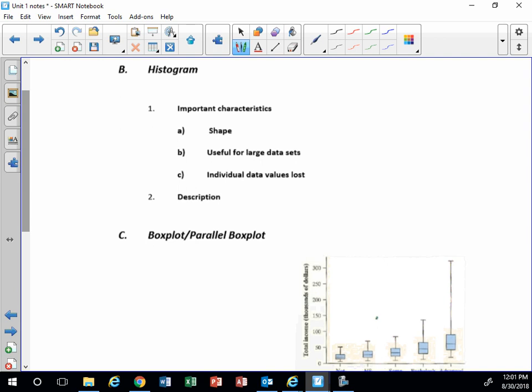Your histogram has to be something. Okay. Alright. Okay, sorry about that.